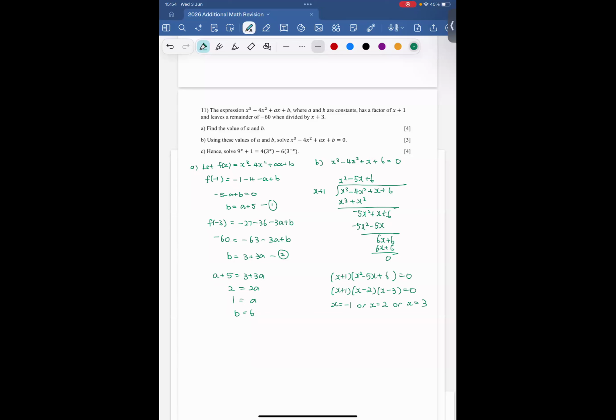Okay, but see, hence solve this. Hence means we have to use the previous part. So the more logical idea is to let 3^x be equals to y. Okay, 9^x will just be y^2. This will be 4y. And because this one is power negative, so this is just 6 over y.